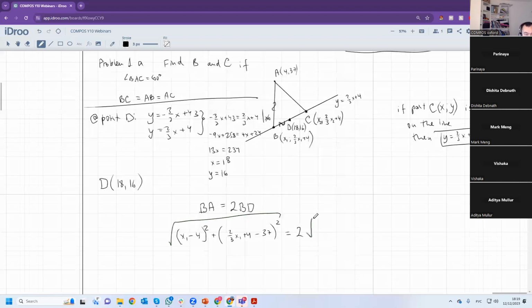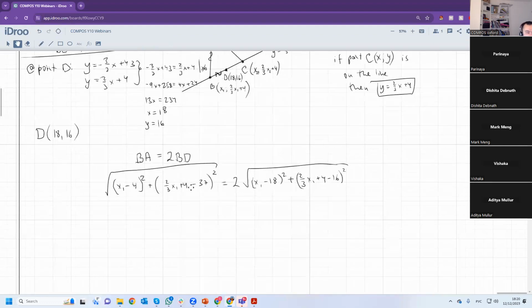And BD is the square root of x1 minus 18 squared plus 2/3 x1 plus 4 minus 16 squared.